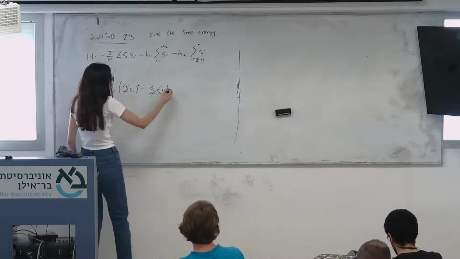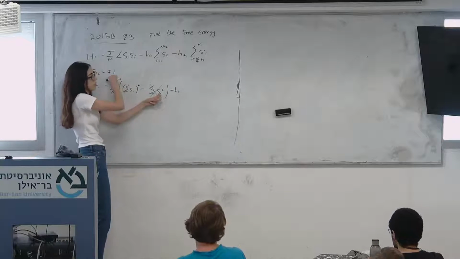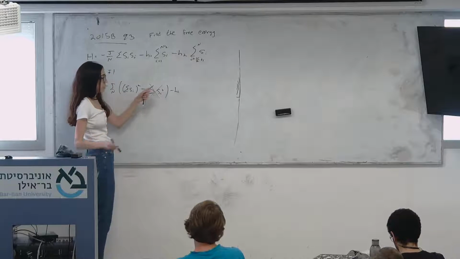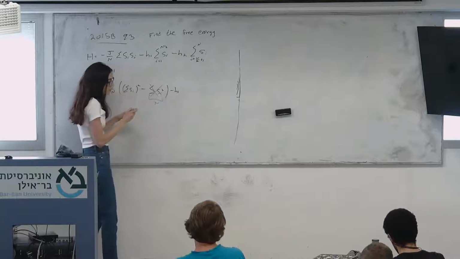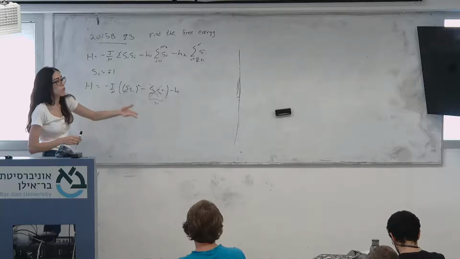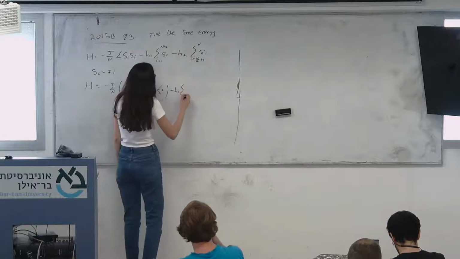Why can you ignore it? Whether SI is equal to plus or minus 1, SI squared is always going to be 1. So this summation is just n, and n is just a number. So I can always rewrite the Hamiltonian up to a constant. It's just the energy, so we don't care about that.